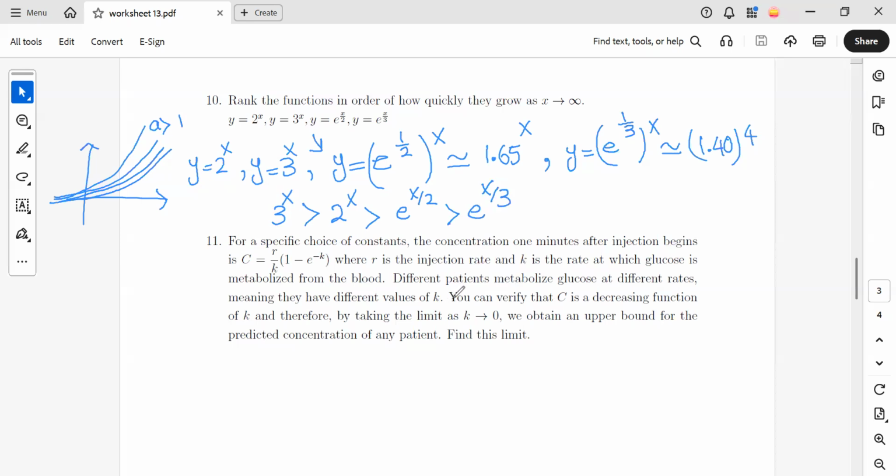We could do this because all of them were in the form of exponentials. But if we have different kinds of functions, we cannot do it in this way.